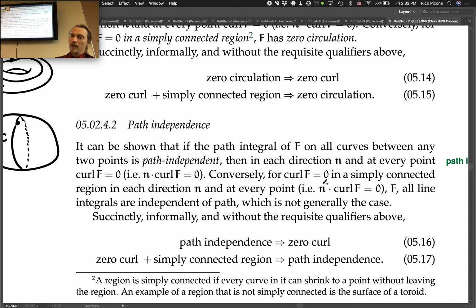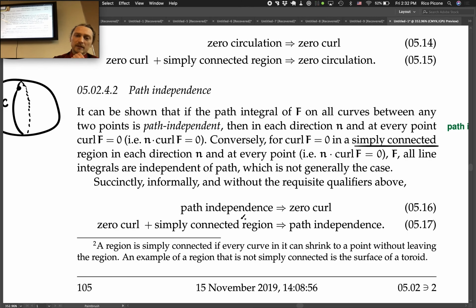Conversely, for curl f equals 0 on a simply connected region in each direction n and at every point, all line integrals of f are independent of path, which is not generally the case. So we have to have that simply connectedness again. Once again, path independence implies zero curl, and the fact that you are working in a region that is simply connected gives you path independence.